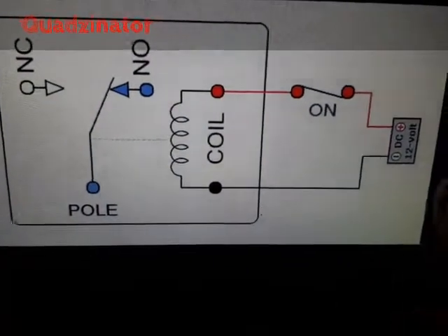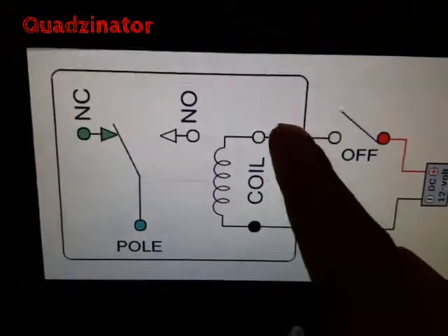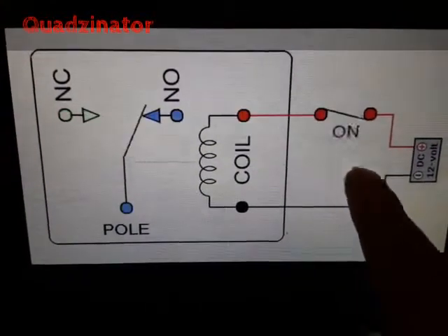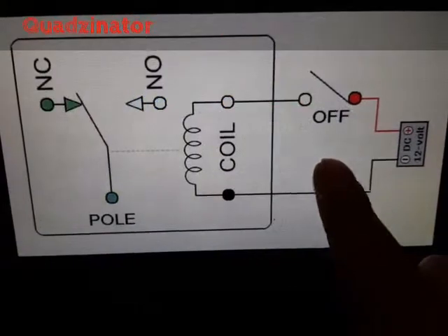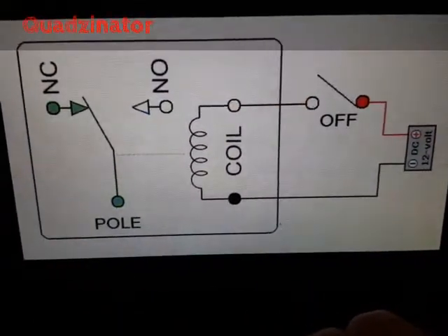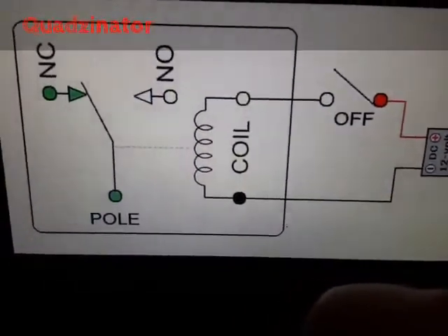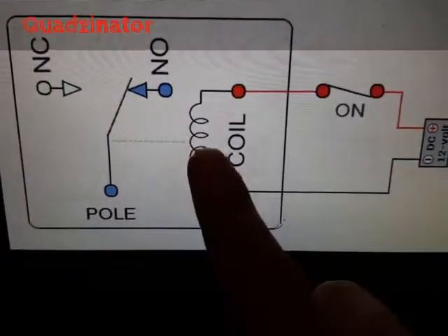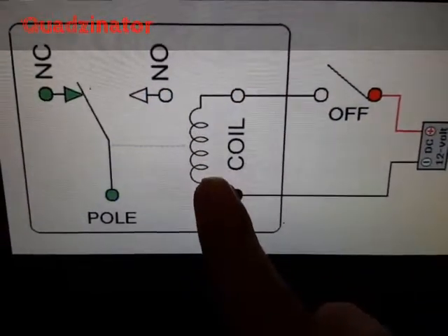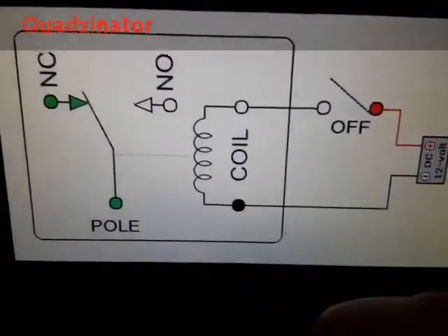Now we're going to explain how it works exactly. As I explained, a relay is controlled by a small, low voltage circuit that controls a high voltage circuit. And how does it perform this controlling mechanism? By this coil right here. This coil is a magnet.